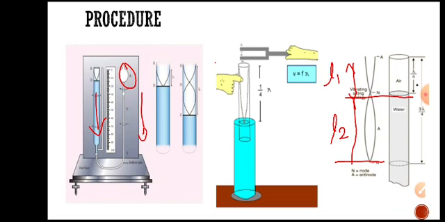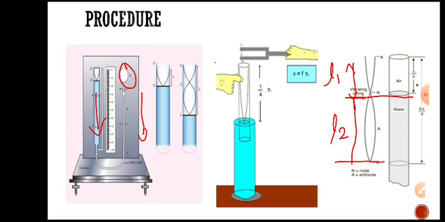Vibrate the tuning fork and hold it on top of the open pipe. Then you can hear a louder sound, and you make a note of where the second length L2 occurs. You have to note down the second length value.